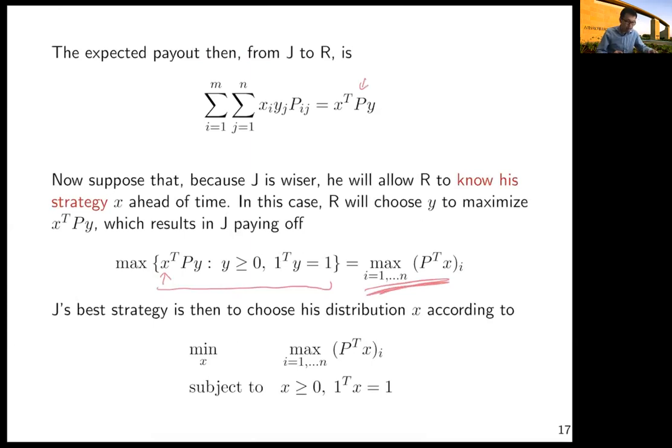Then despite the fact that J disclosed his strategy, he still wants to win. He doesn't want to lose, right?